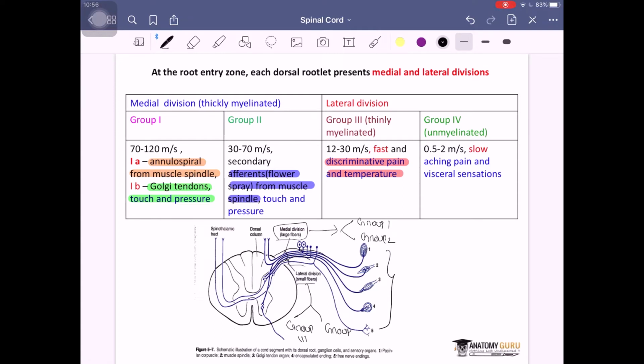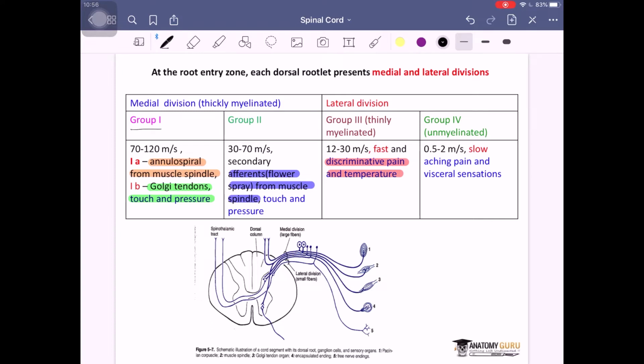Remember, group 1 and group 2 are heavily myelinated, so they are faster, whereas group 3 and group 4 are thinly myelinated to non-myelinated. Myelination definitely decides the conduction velocity: if a fiber is myelinated, the speed at which the impulse travels will be very high.